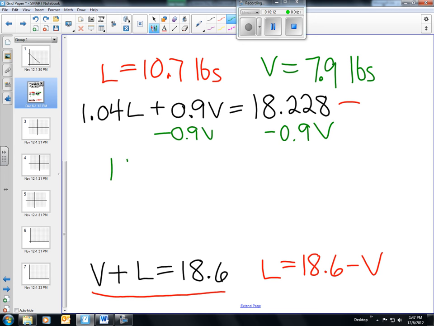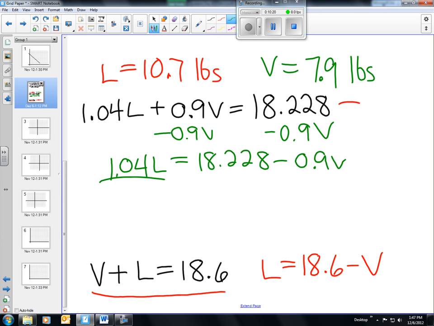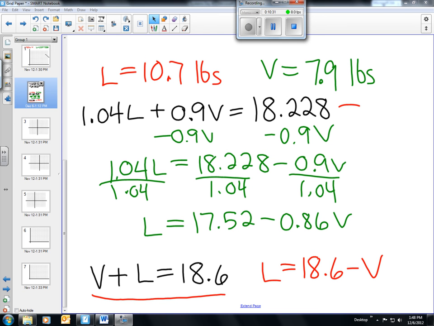And then we would be left with 1.04 L equals 18.228 minus 0.9 V. And then we divide everything by 1.04, and then we'd have that L equals 17.52 minus 0.86 V. So those are the two equations we're going to use in our graph now.